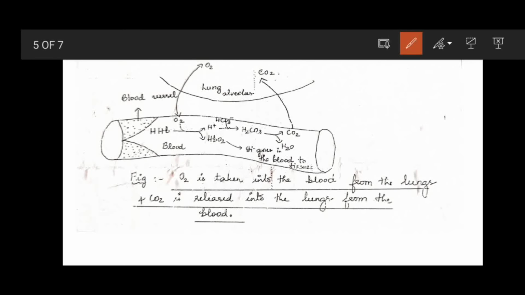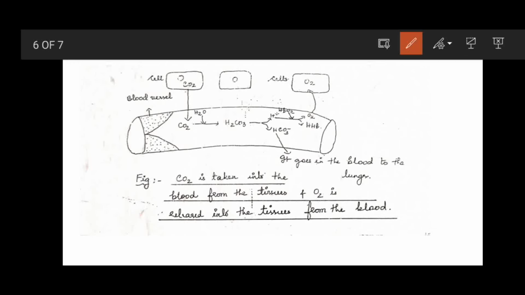The reduced hemoglobin which reaches the lungs will react with the oxygen to form oxyhemoglobin, while the hydrogen ion is released and remains there. This oxyhemoglobin will reach the tissues. Before the oxyhemoglobin reaches the tissues, the carbon dioxide will react with water to form carbonic acid.